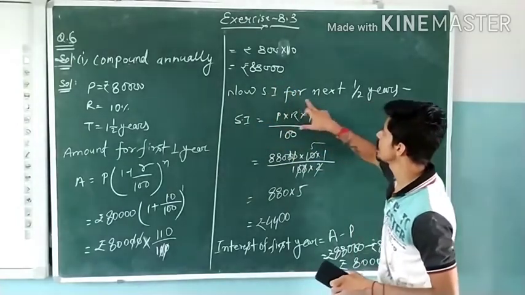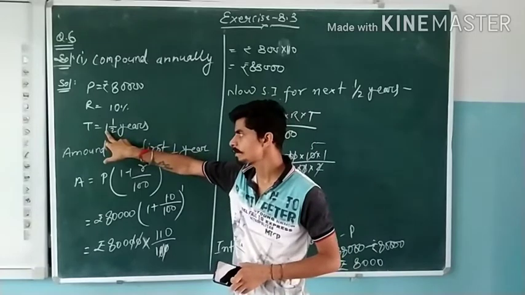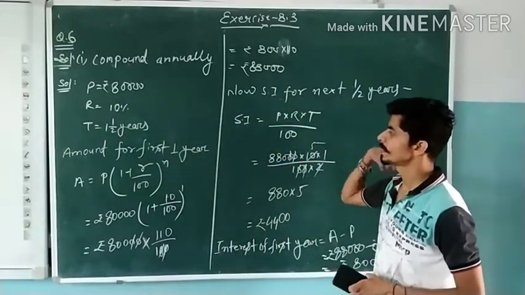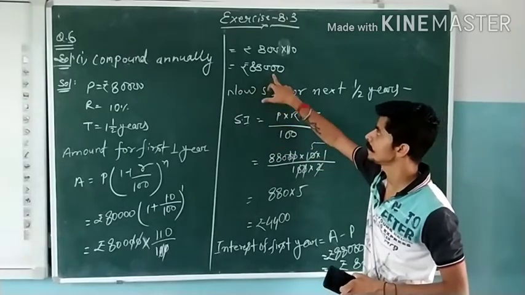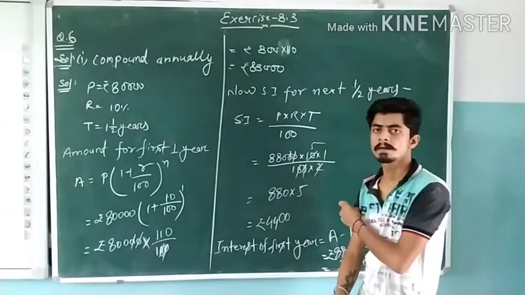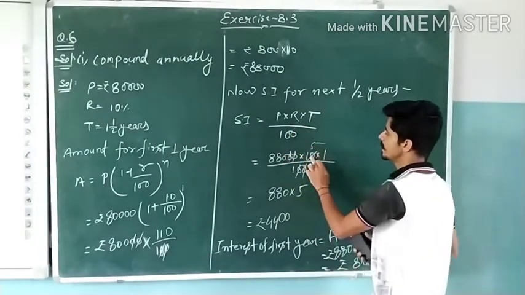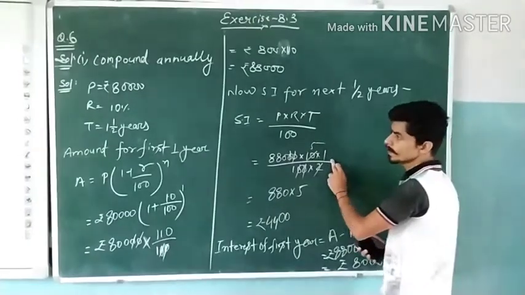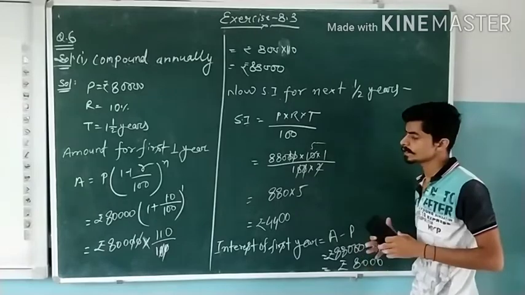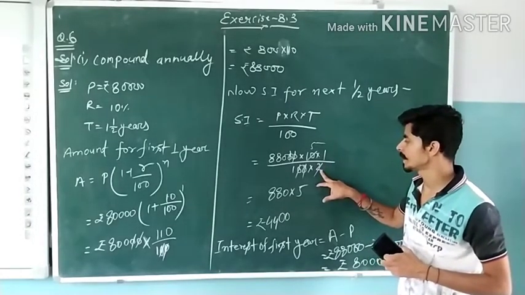So this is the amount we get after 1 year. Now we have to find the simple interest for the next 1/2 year. The principal will become 88,000, because the amount of the previous year becomes the principal for the next year. Rate is the same, time is 1/2, a fraction, so 1 is written in the numerator and 2 in the denominator.